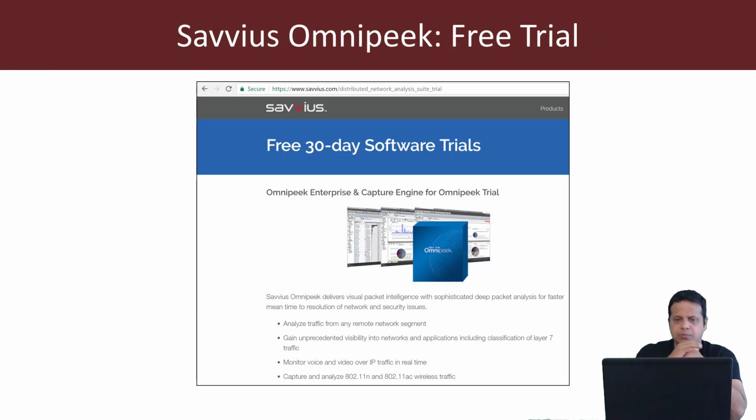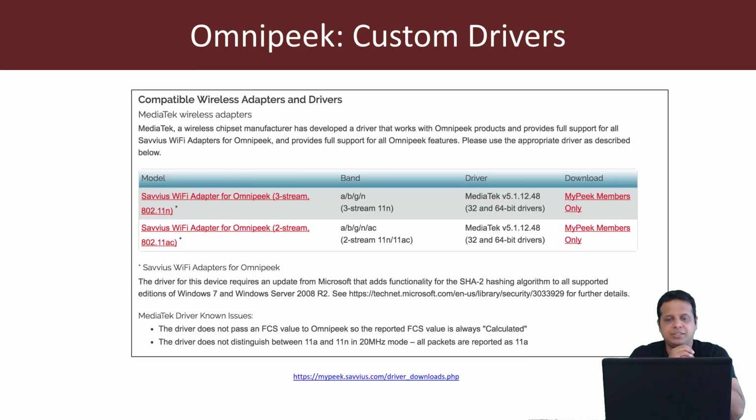Now, the software we are going to use is the Savvius OmniPeek. The good news is there is a 30-day free trial available, which is fully functional. So this just allows us to sample how it feels to monitor 802.11 AC on Windows. And of course, if you wanted, you could purchase a full version as well.